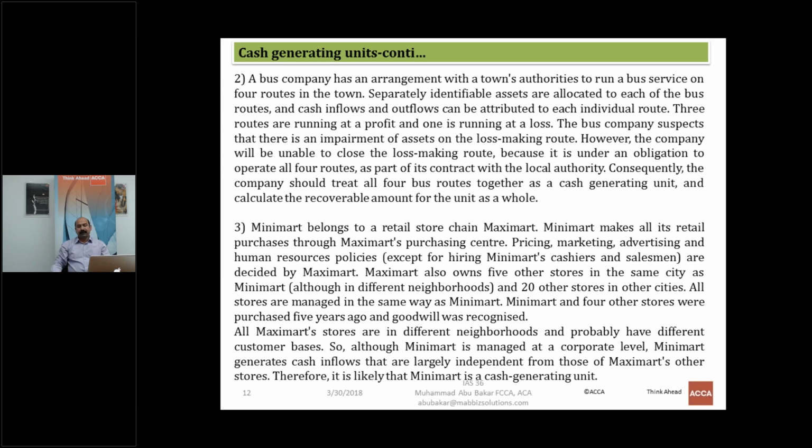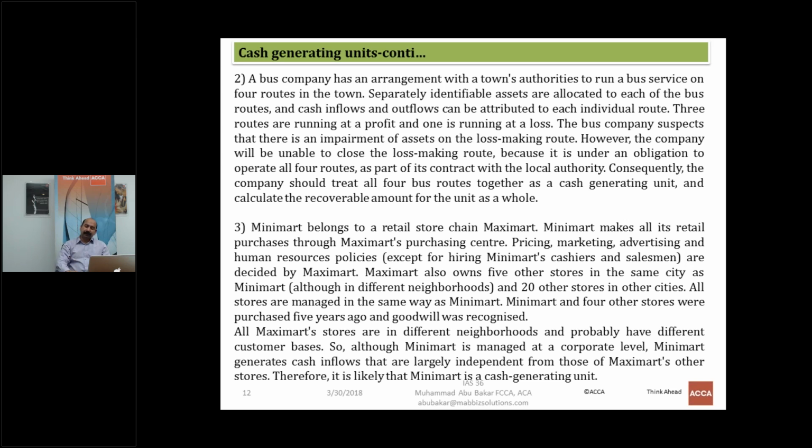Another is Minimart. Again, I will repeat, it does not matter how these assets are being managed internally, what is their purchasing policy, what is their marketing policy.